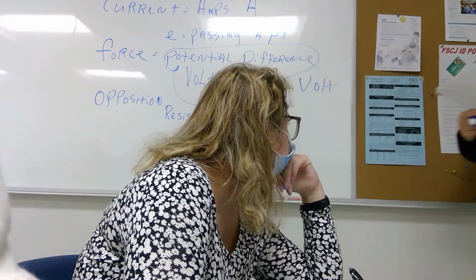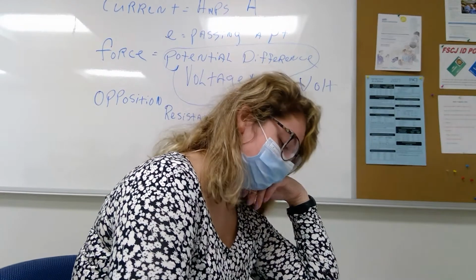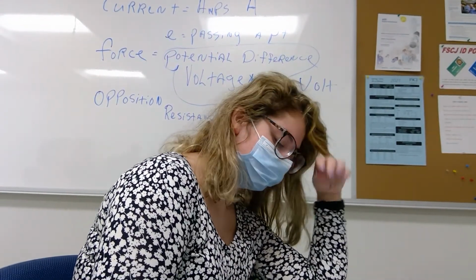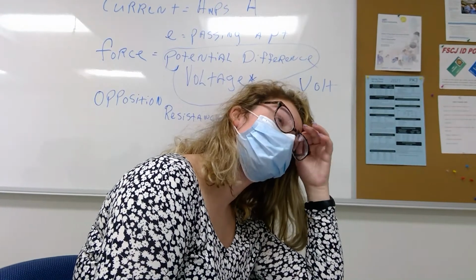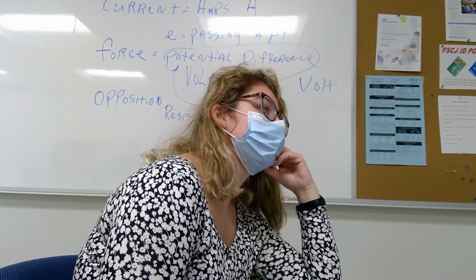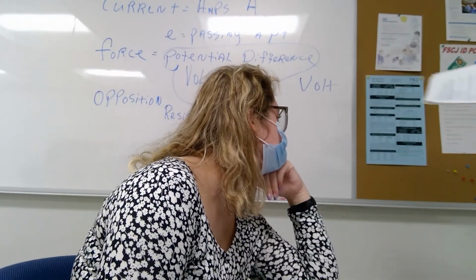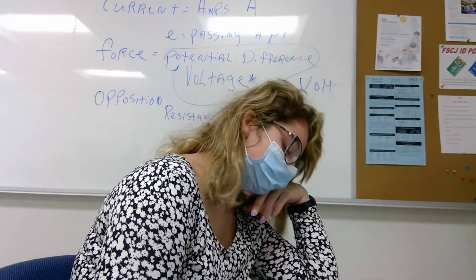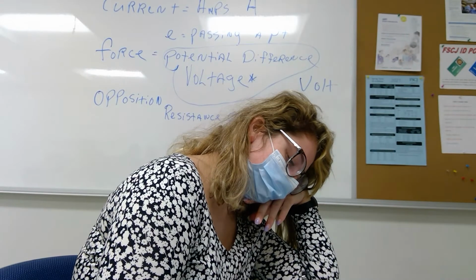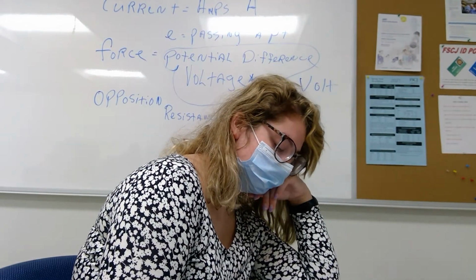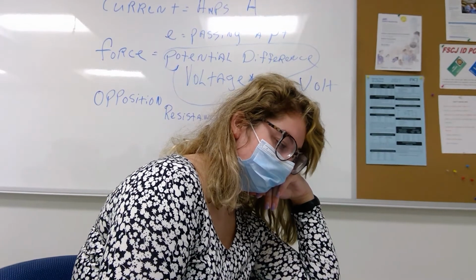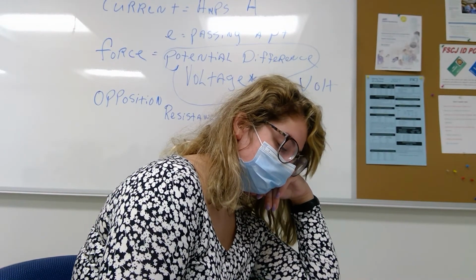I said it first, Mallory. I'm kidding. It's okay. All right, so the unit for resistance is ohm. That's the symbol for ohm. All right, key components for a circuit.